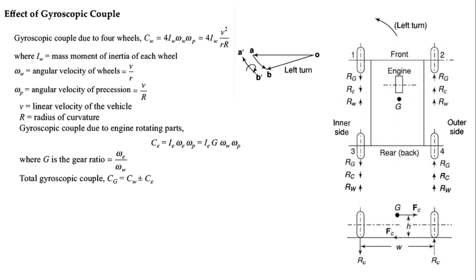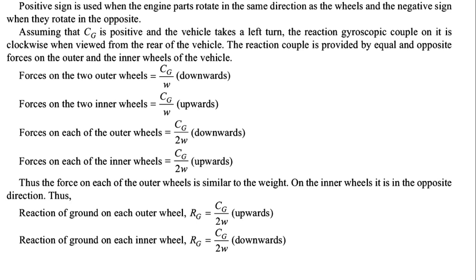On the rear side, RG is opposite for 3 and 4, and RC also, while RW is again towards the upward side. The positive sign is used when the engine parts rotate in the same direction as the wheels, and the negative sign indicates they rotate in the opposite direction.